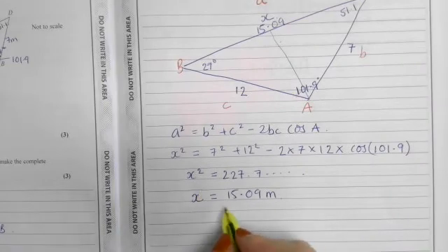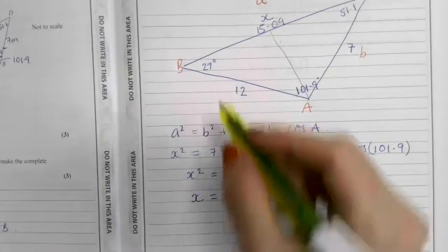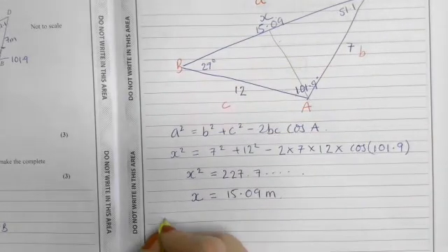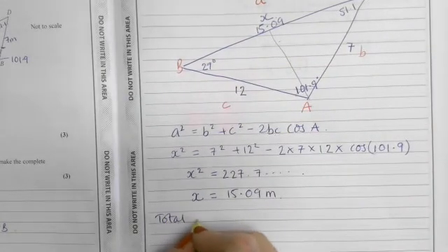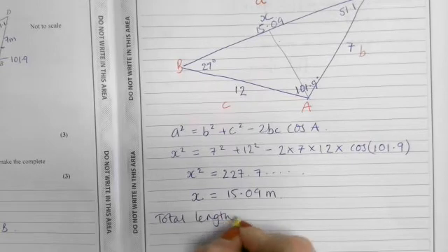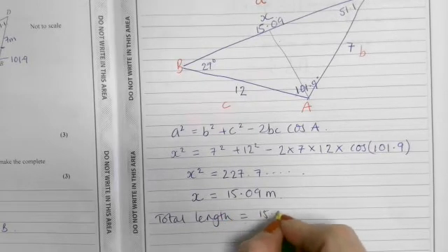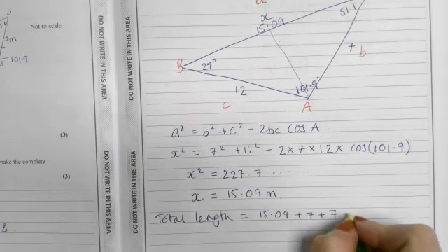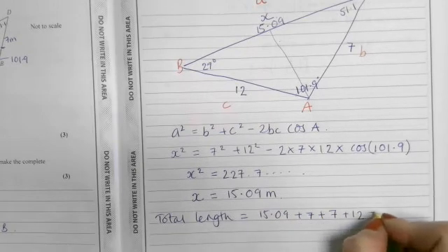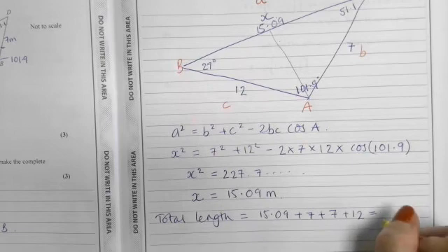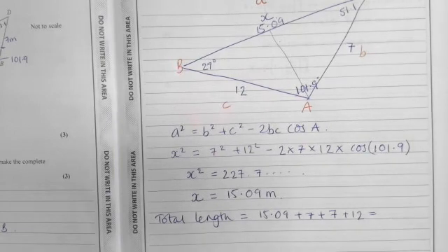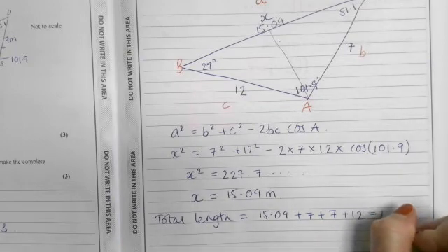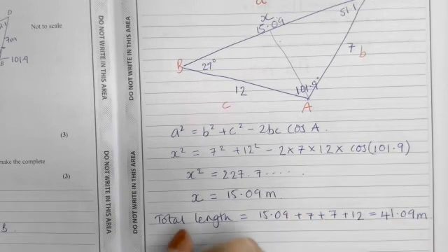And then, mustn't forget to finish the question, so we need to find the total length. So the total length is 15.09 plus 7 plus 7 plus 12, which comes out as 41.09 meters.